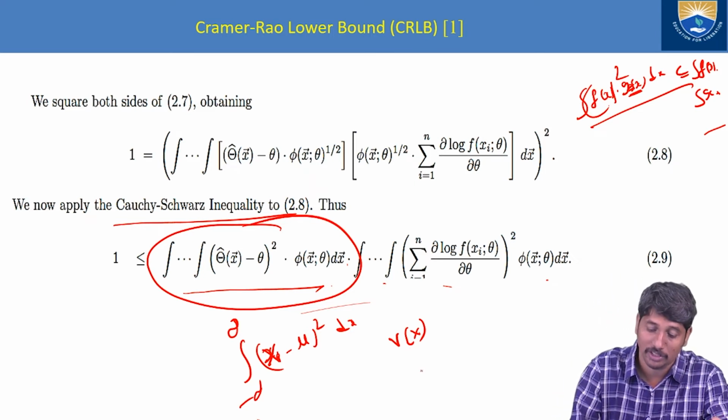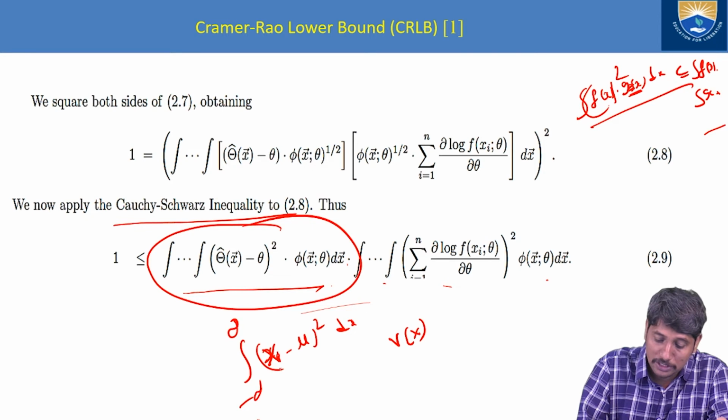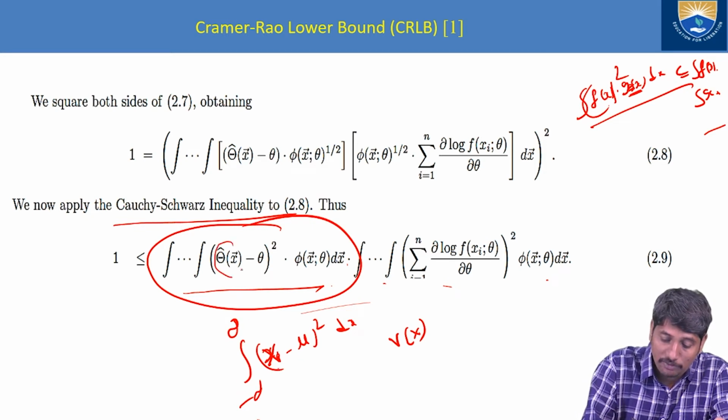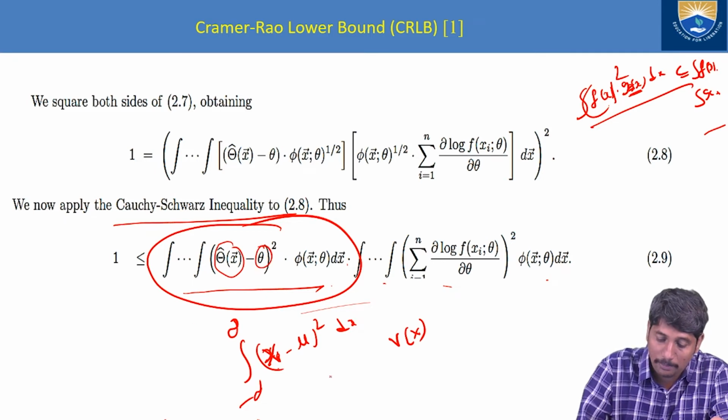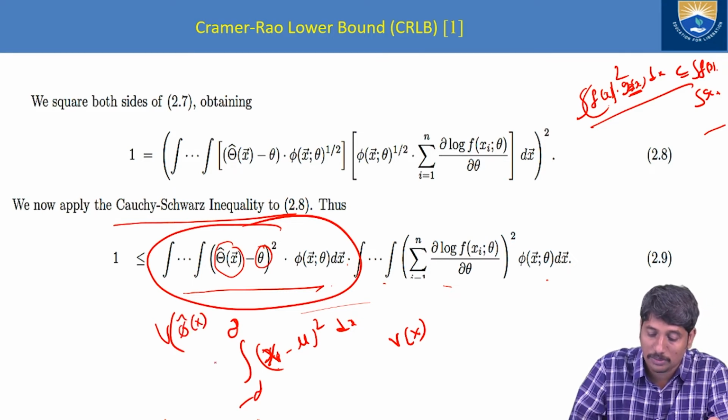Now here, in the place of x minus mu, we are observing phi cap of x as x and mu as theta. So what happens is the variance of phi cap of x. That's what we are observing.